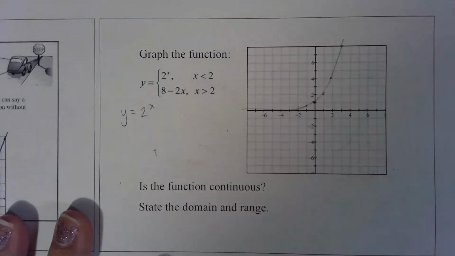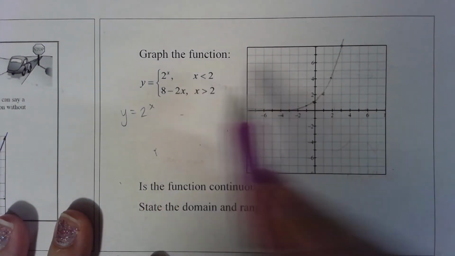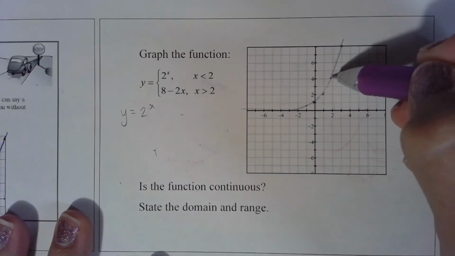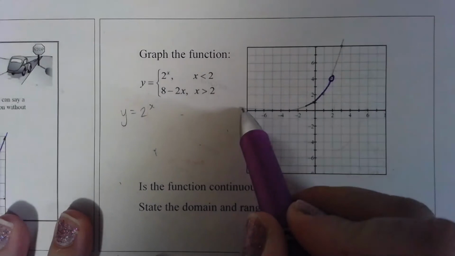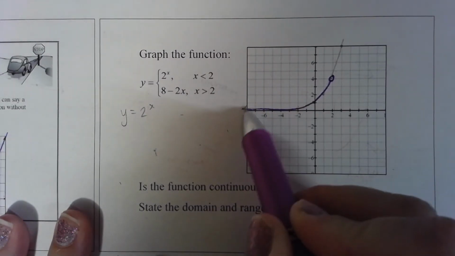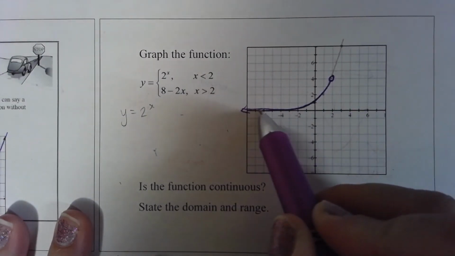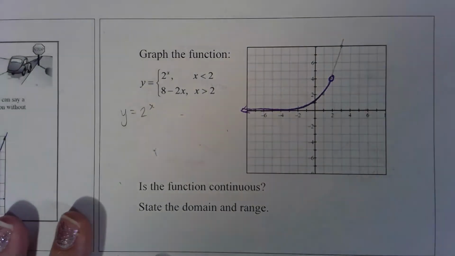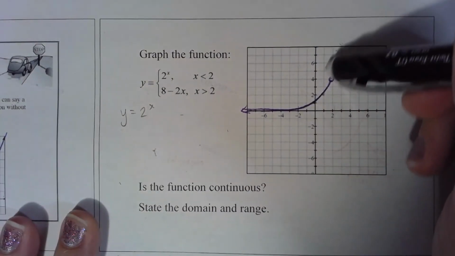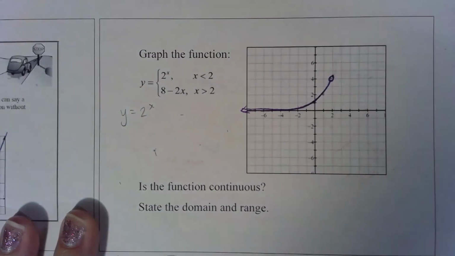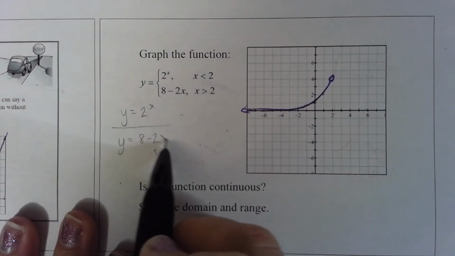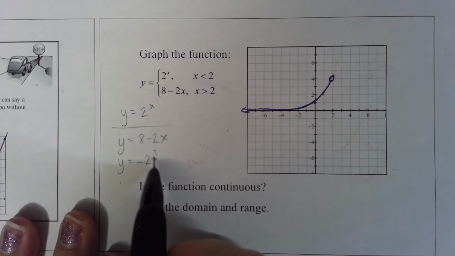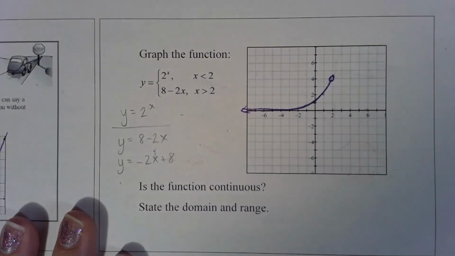And they want this graph when x is less than 2. So here's 2, open circle there, and I want everything to the left. And I'm going to take my pencil and erase what I don't want. Okay. My second piece is y equals 8 minus 2x, or negative 2x plus 8.